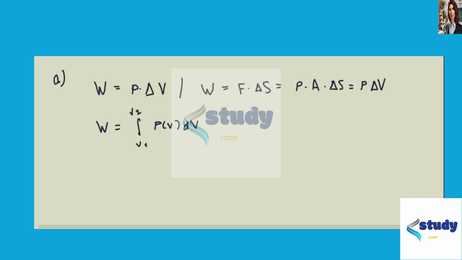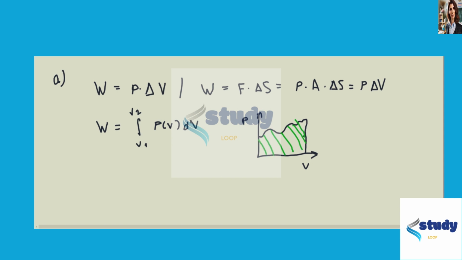For example, on the graph, this would look like this. We have pressure P, we have volume, and we have some change like this, and the work done will be this area below the curve, so this area right here.